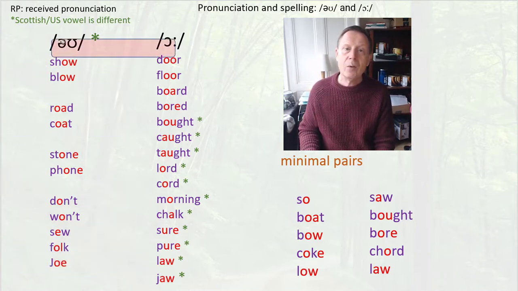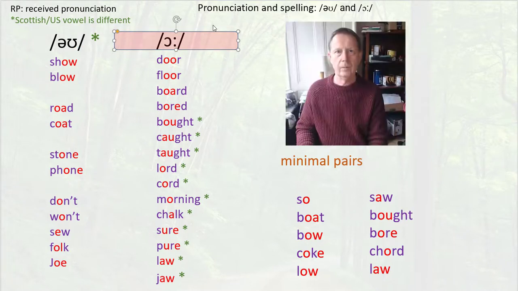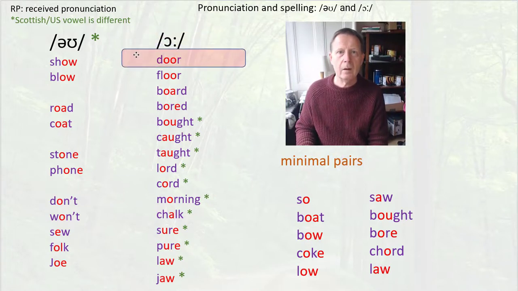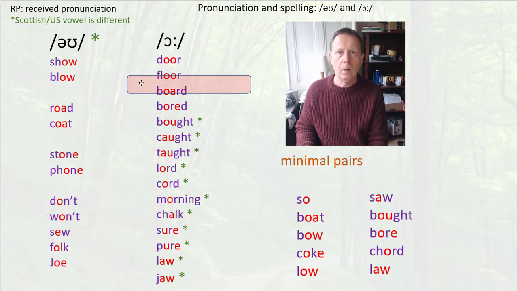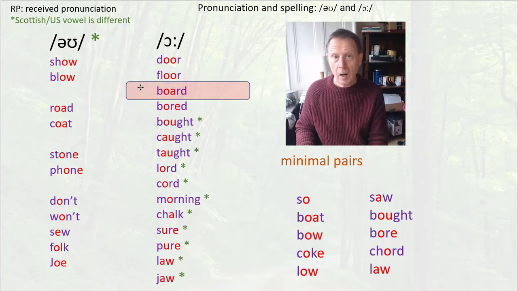So, staying with received pronunciation, let's look at the next vowel sound. So received pronunciation for this one is O, as in door, floor, board, board. Now these words in RP are pronounced the same.